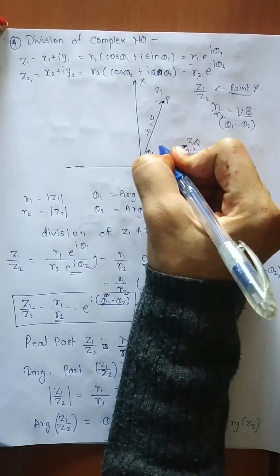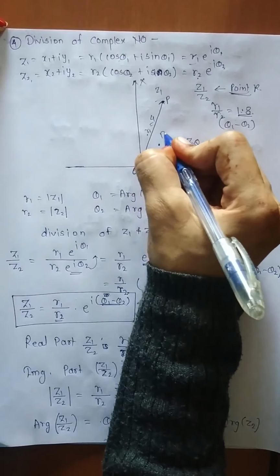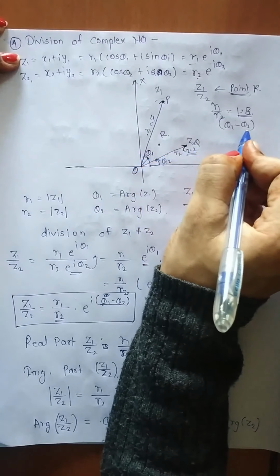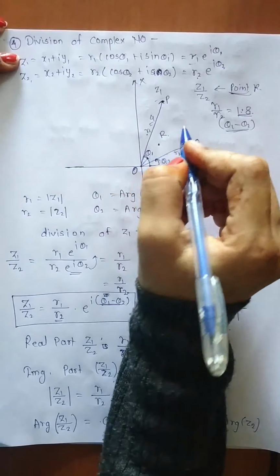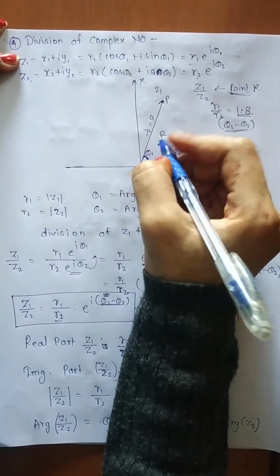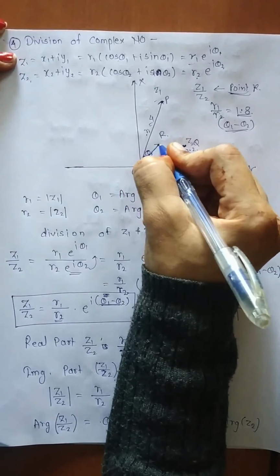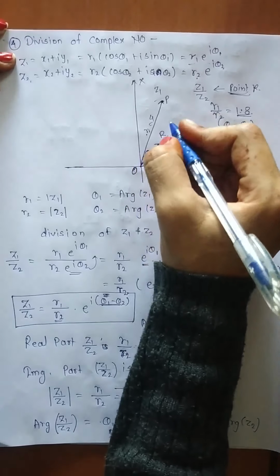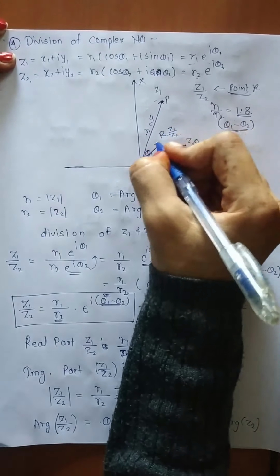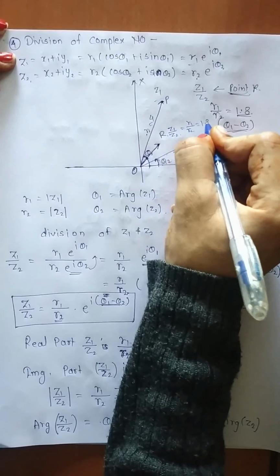So this point R will be somewhere over here, because it is smaller than point Q. So let me take this as point R, and this angle will be theta 1 minus theta 2. Theta 1 is greater than theta 2, means this subtraction will become somewhere over here. It will be in between Z1 and Z2. So this is our R, which represents Z1 upon Z2, whose magnitude is R1 upon R2, which is 1.8.